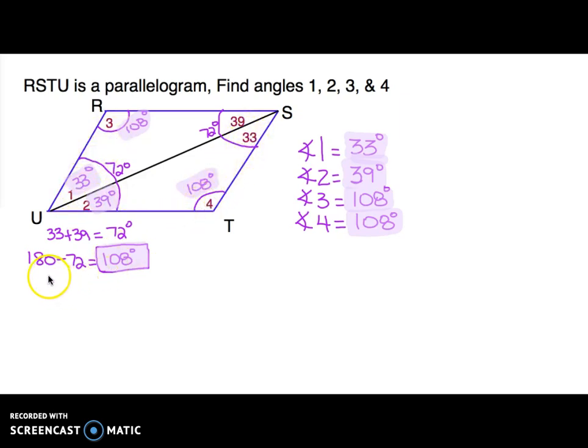So we know that that should add up to 180. So if you take your 180 minus the 72 that we found here, that would give us our other angle, which would be angle 3, which is congruent to angle 4. So when you find that measurement of 108, that's the measurement for both angle 3 and 4.